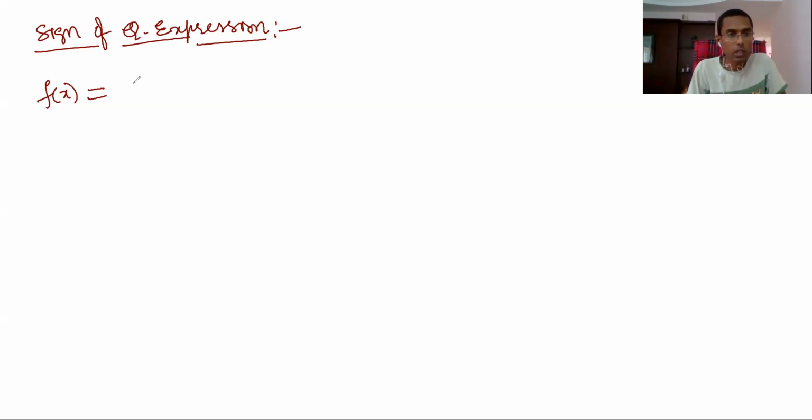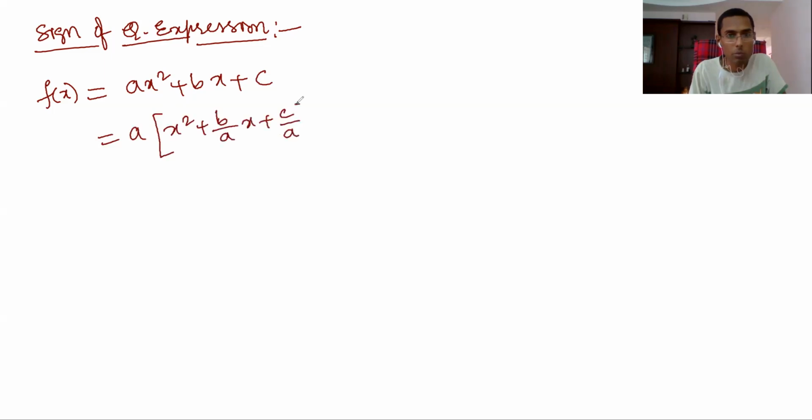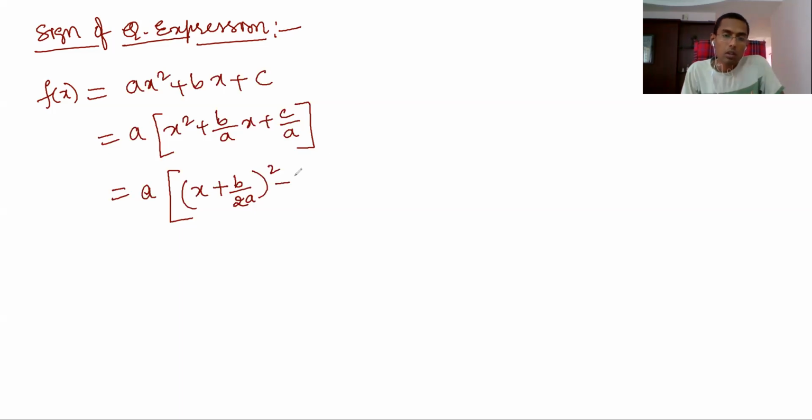Now let's take the quadratic expression ax square plus bx plus c. In the first class I told this. If I take a common, we get x square plus b by a into x plus c by a. This is a very important form. If I simplify this by completing squares, what I'm going to get is x plus b by 2a whole square minus root delta by 2a whole square.